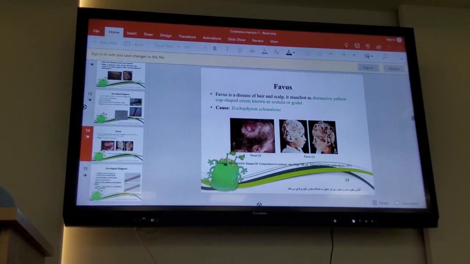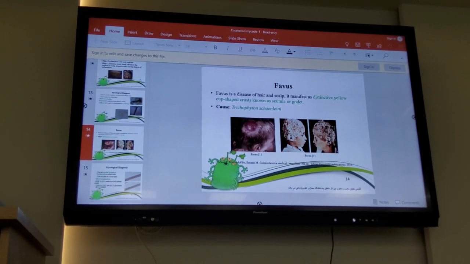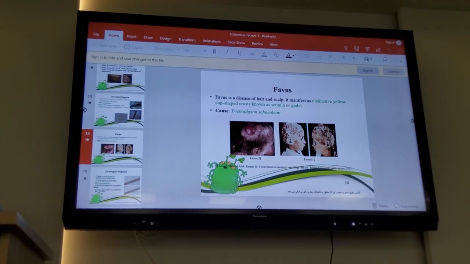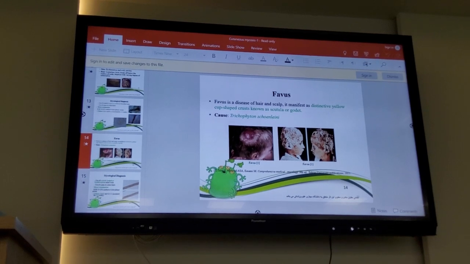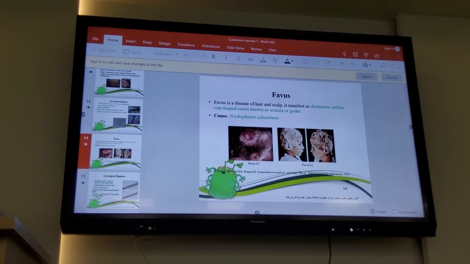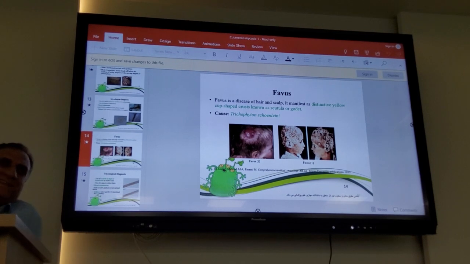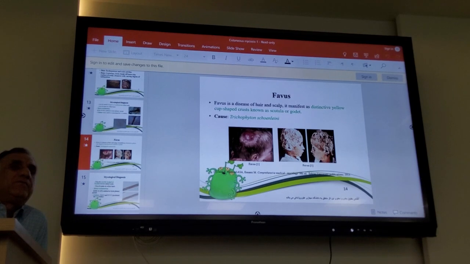Another question: is there a difference between treatment of ectothrix, endothrix, or favus? Is there any difference between treatment of the three shapes of tinea capitis? Yes, based on the source. Why?